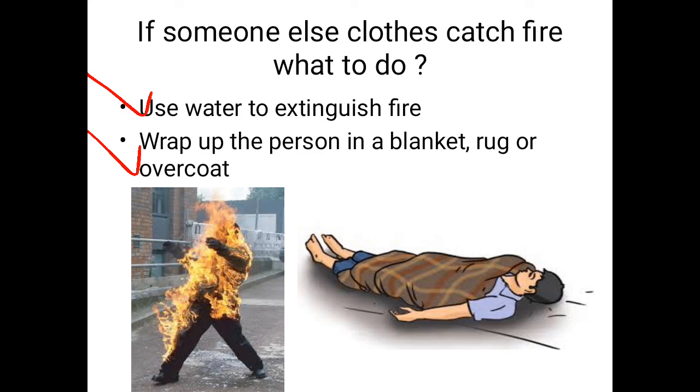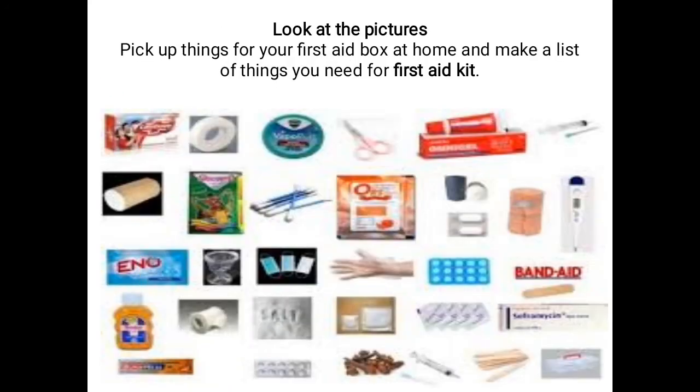Again, this stops the contact of the person with oxygen, which supports fire. So you can stop the fire by doing so. You see, this man can be cured only by this technique, because there is so much fire and he is almost burning.